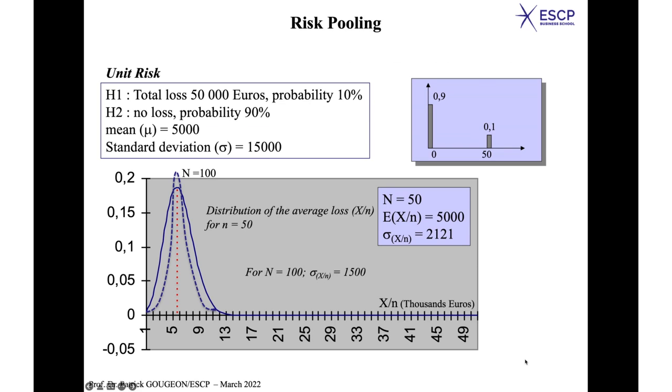But the law of large numbers is really the basic principle that insurers refer to for their pricing technique. So we are going to go now more precisely into this pricing technique.